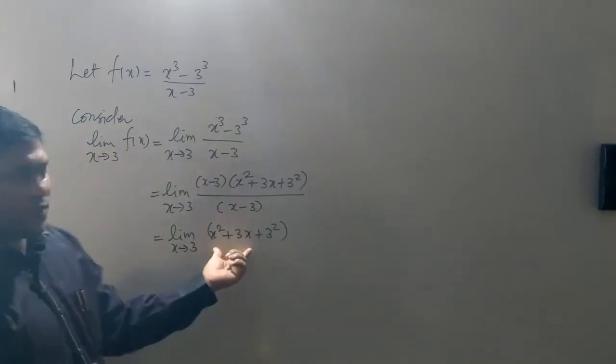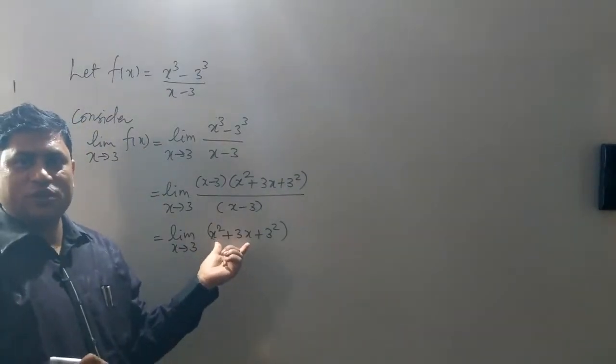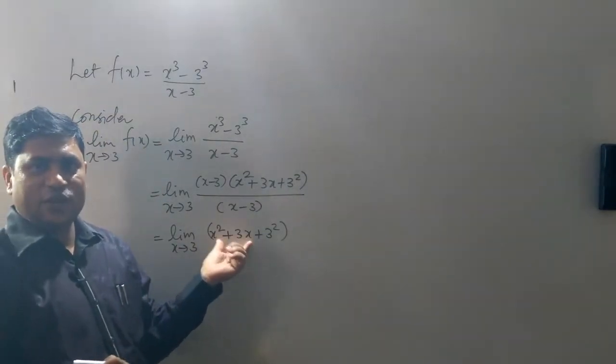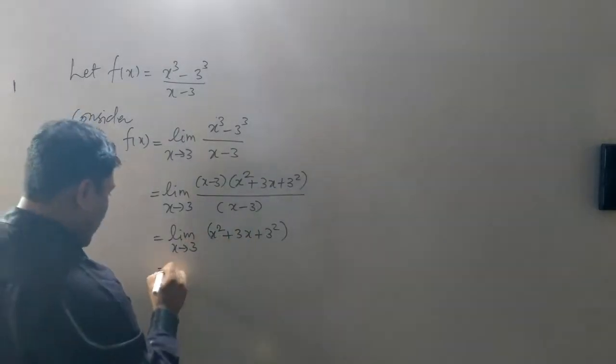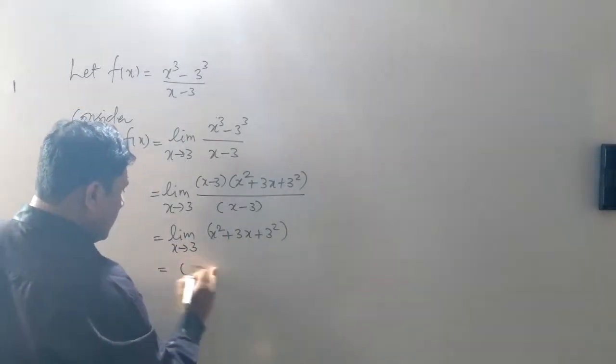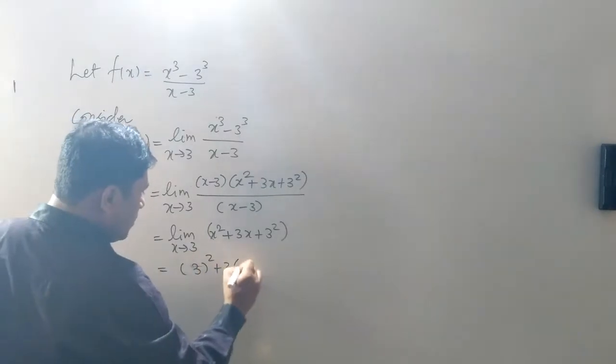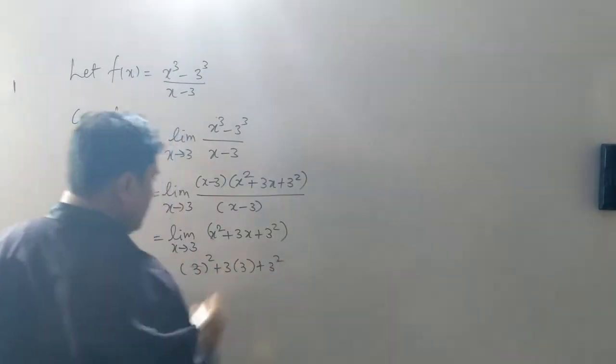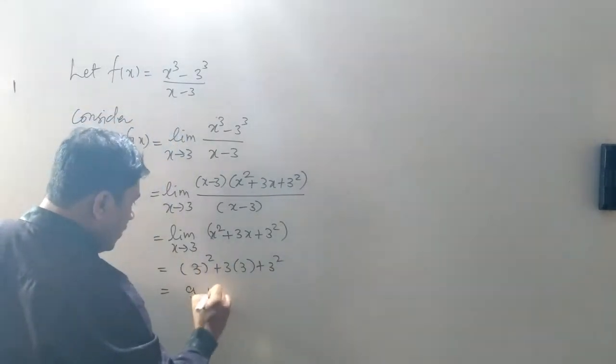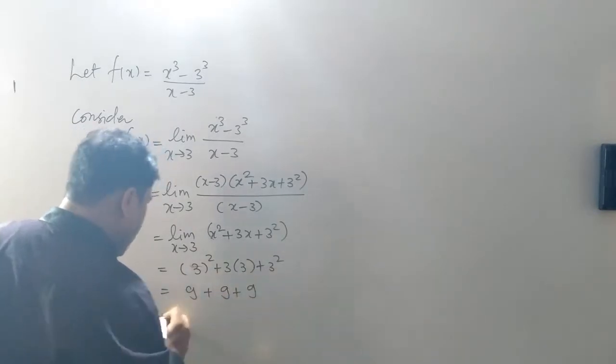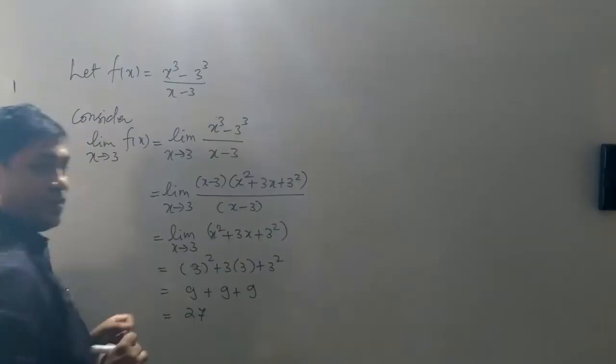And now, as per the previous example, we are able to put the value of x is equal to 3. If I put x is equal to 3, I'll get 3 square plus 3 into 3, plus 3 square. So this is going to be 9 plus 9 plus 9, and so this is 27.